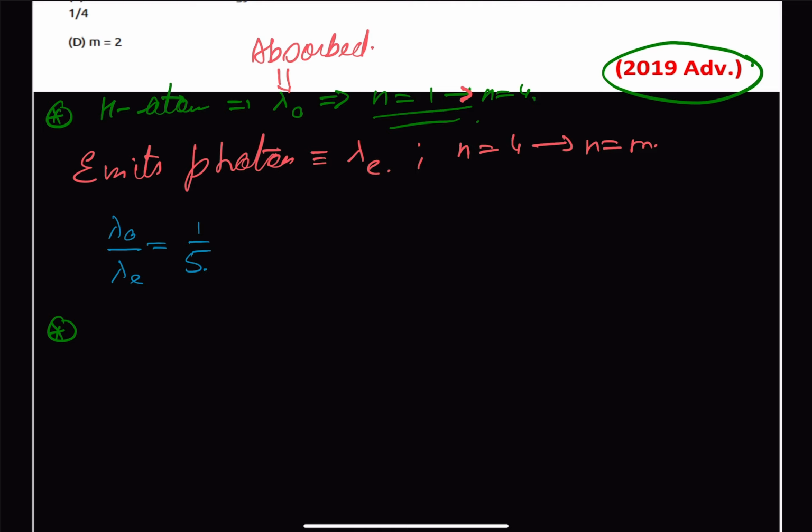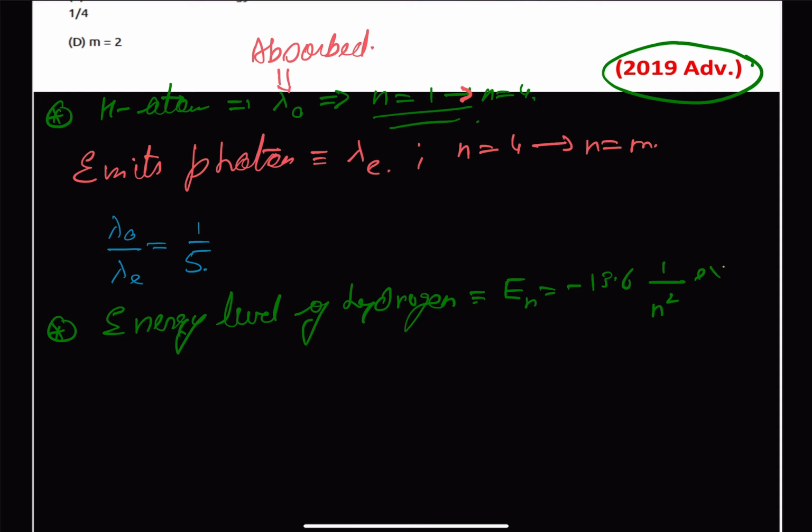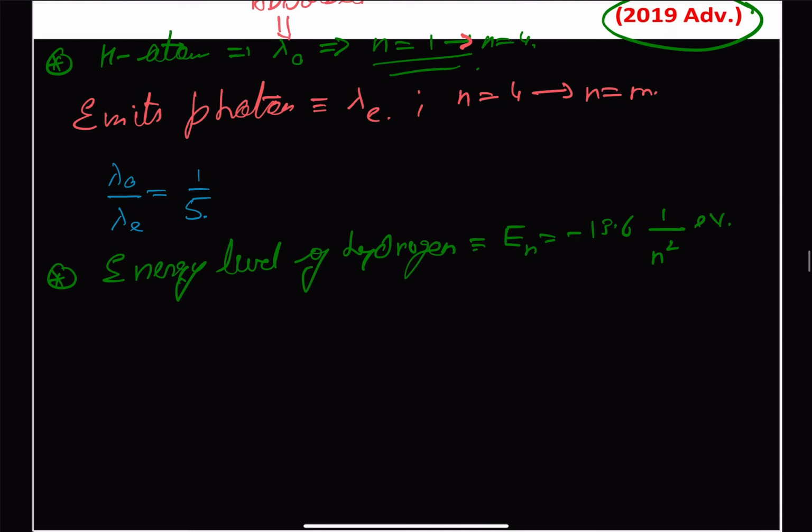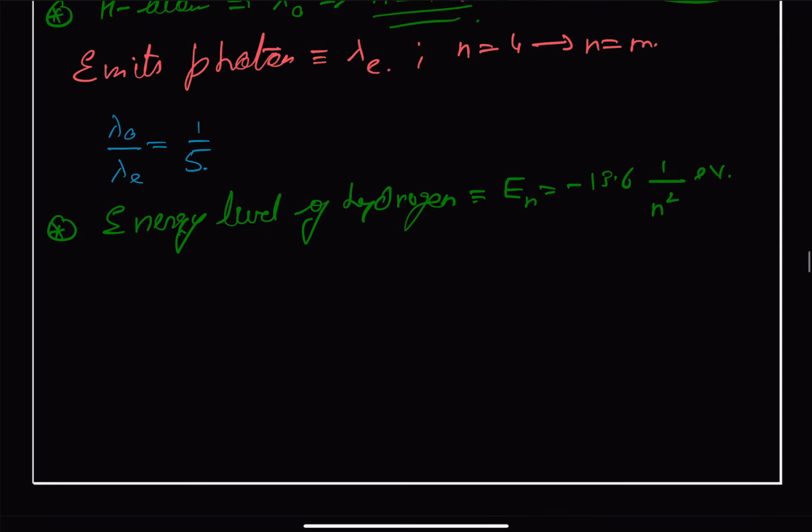So we can see energy levels of hydrogen. And that formula, that is E of n is equal to minus 13.6 upon n square electron volt. And first transition is from 1 to 4 and energy is absorbed.